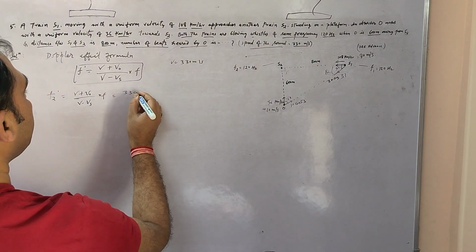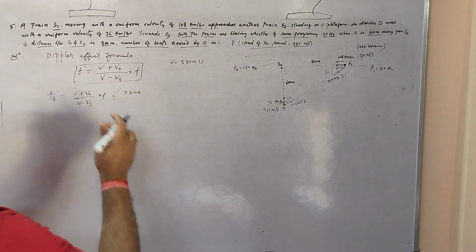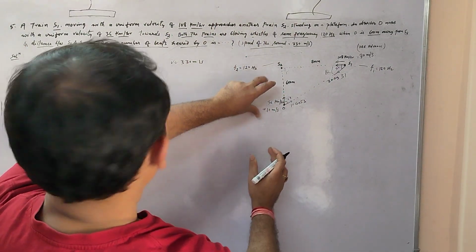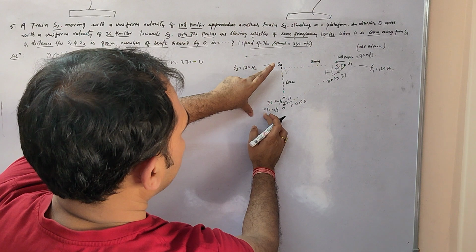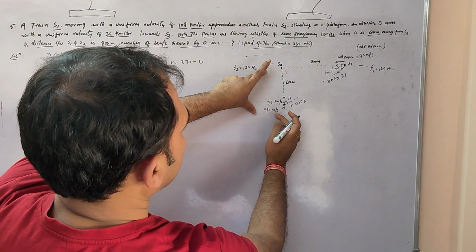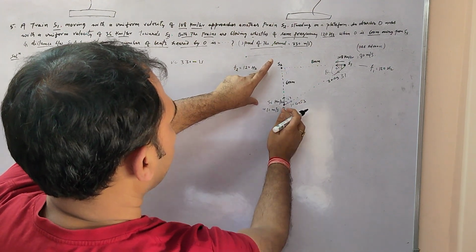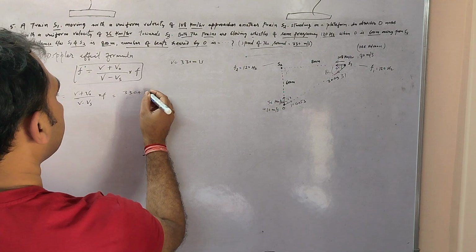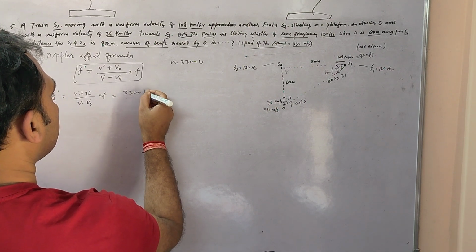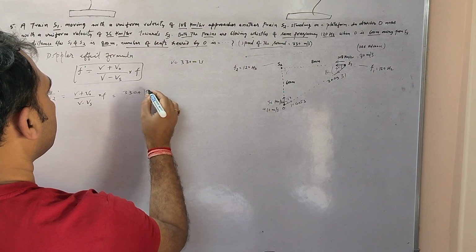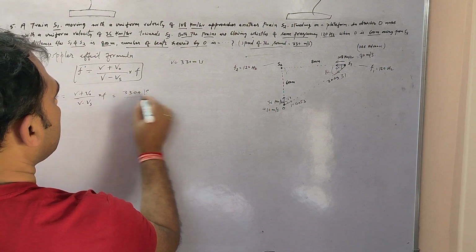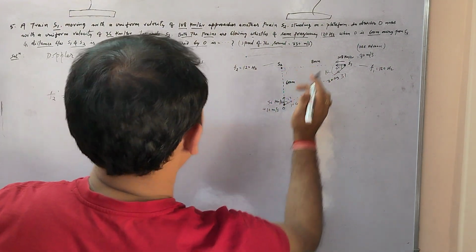This will be 330 plus V observer, which is moving with 36 km per hour, that will be 10 meter per second towards S2. So VO will be 10, speed of observer towards S2.